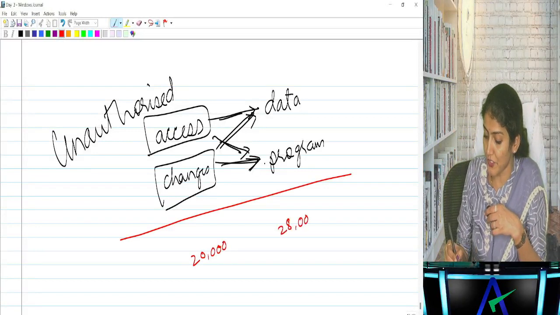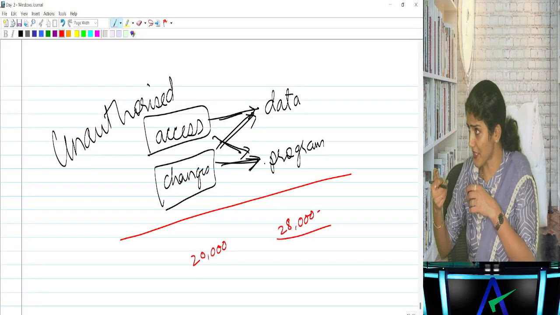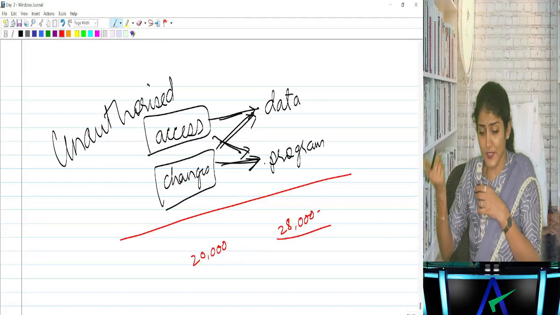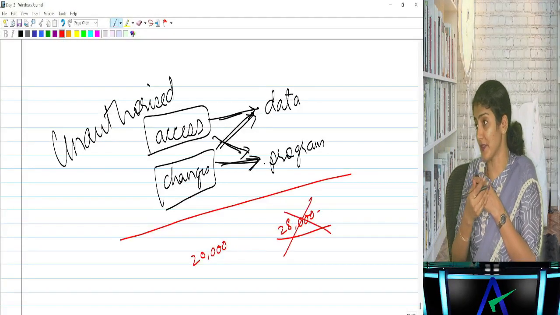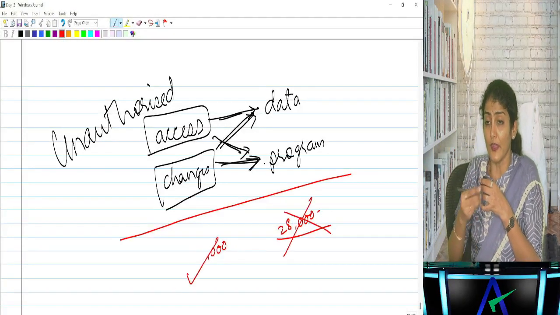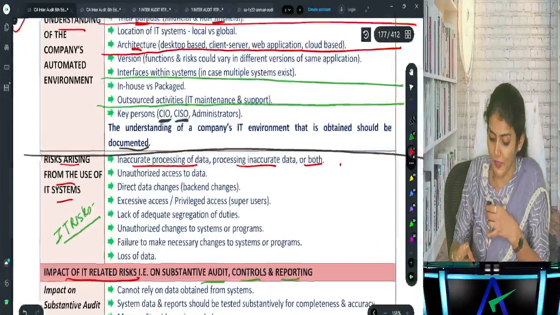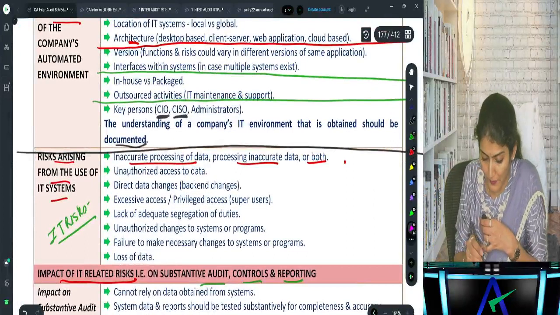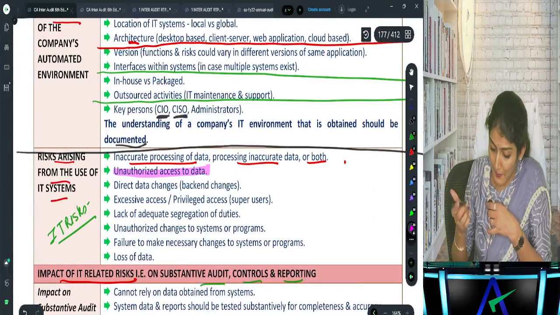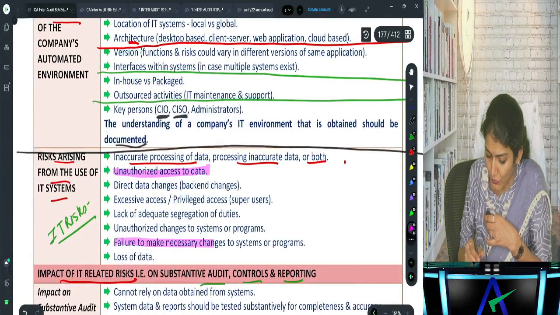Should you make a change in your system? Okay, rates have been revised. Yes, but you don't make a change in your system. So your system will continue to record it at the old rate. So what is that? Failure to make the necessary changes, right? So sometimes you make unauthorized changes. Sometimes where you should have made a change, you don't make the change.